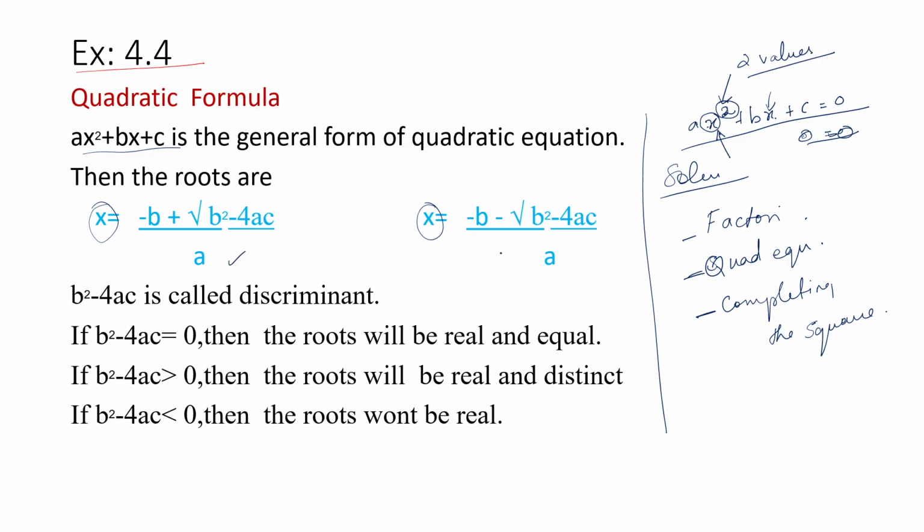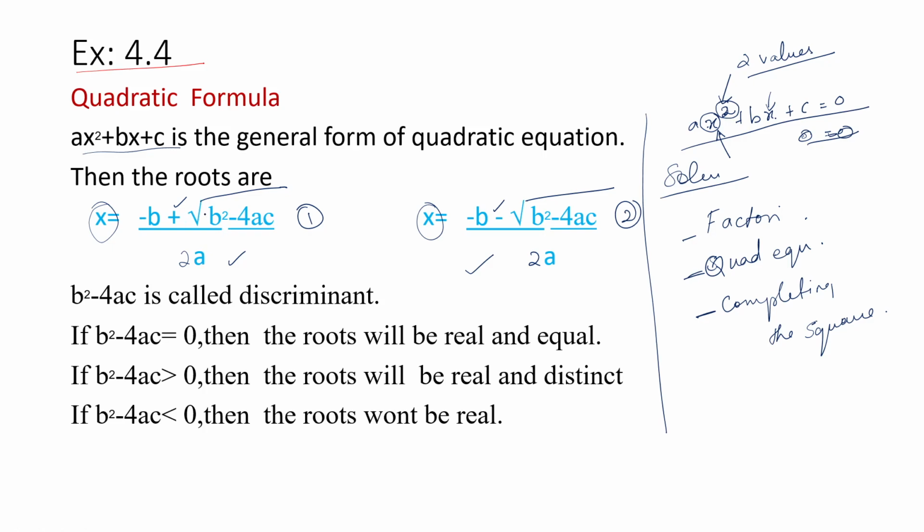This is the quadratic formula we saw in exercise 4.3: x equals minus b plus or minus root of b square minus 4ac, all divided by 2a. Only the sign changes, plus or minus, and we take both.